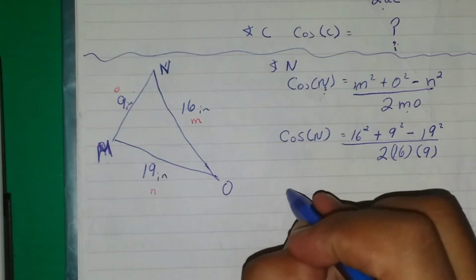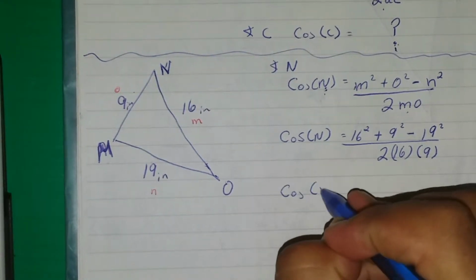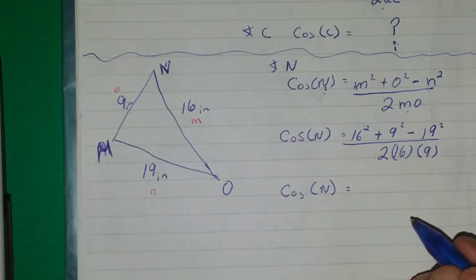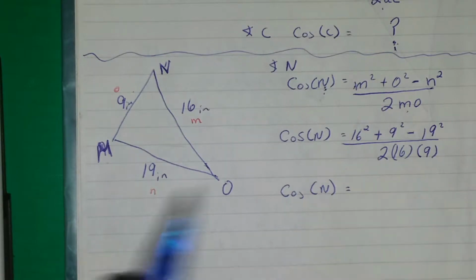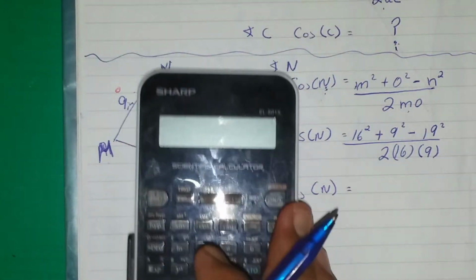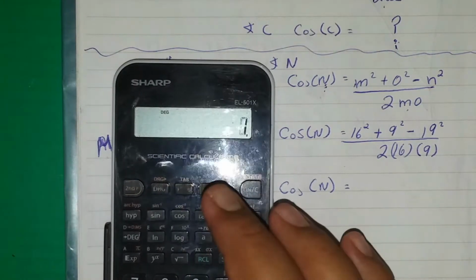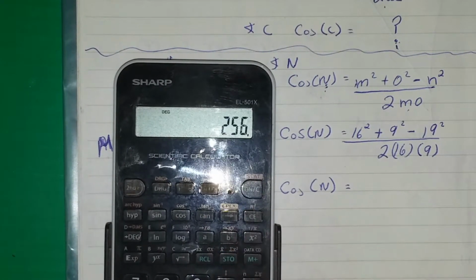So we say cosine of N equals, and then we have 16 squared.